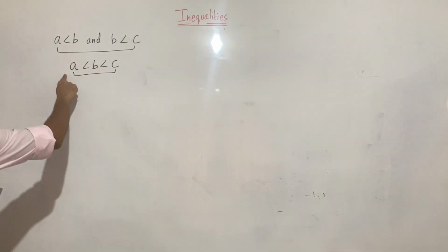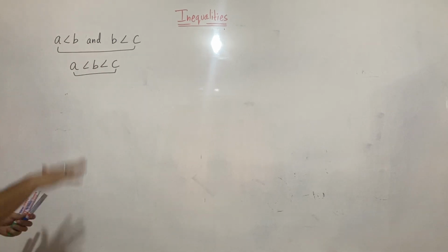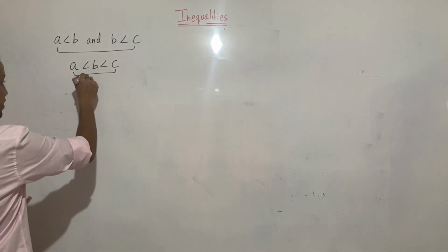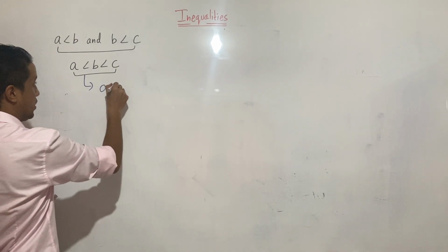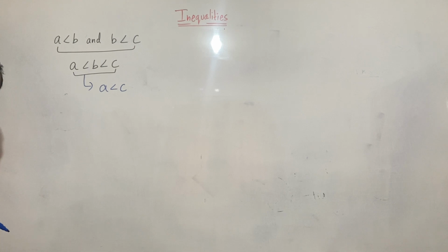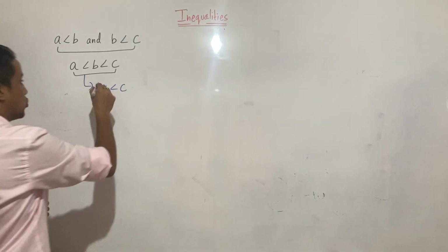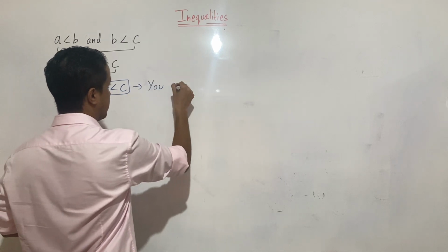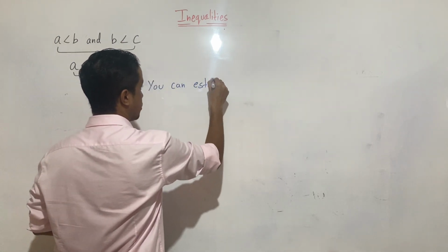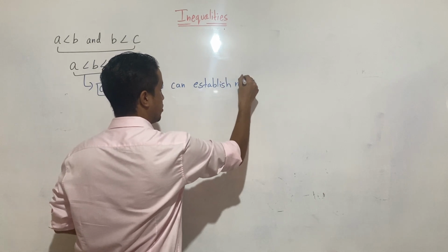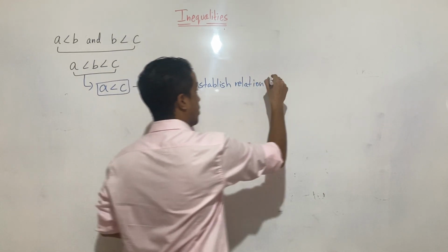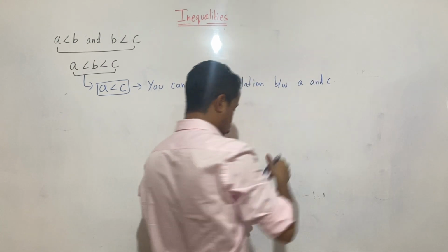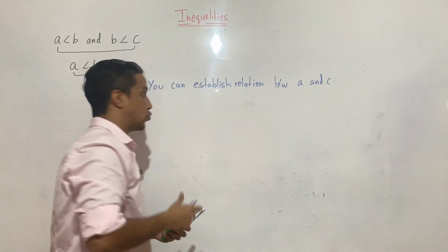Now look at this inequality. From here I can clearly say that A is going to be less than C, right? So you can establish a relation between A and C. You can also see it through the number line.